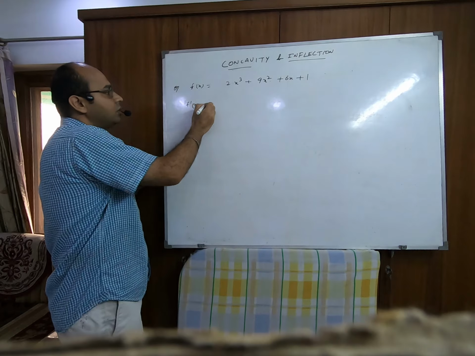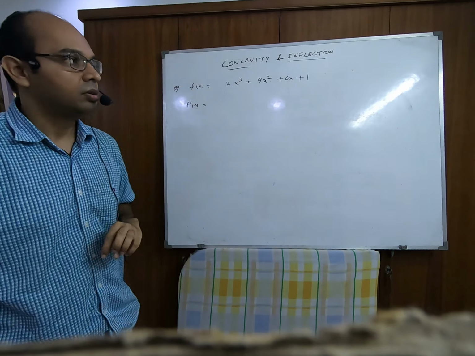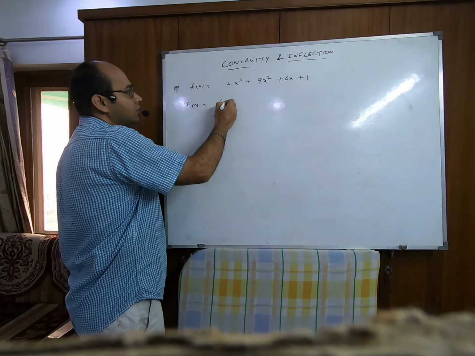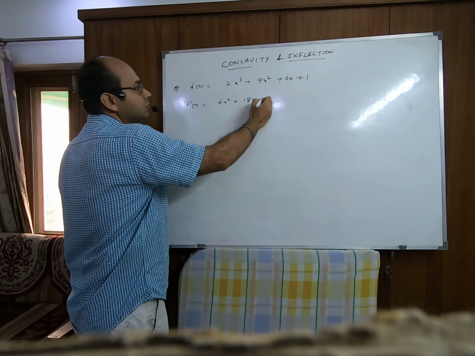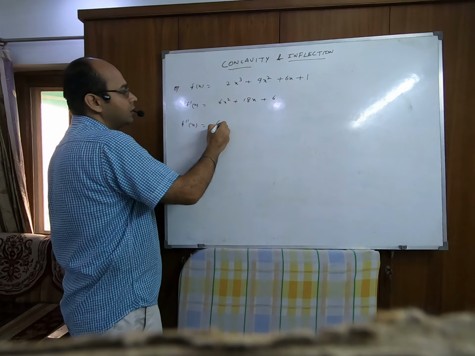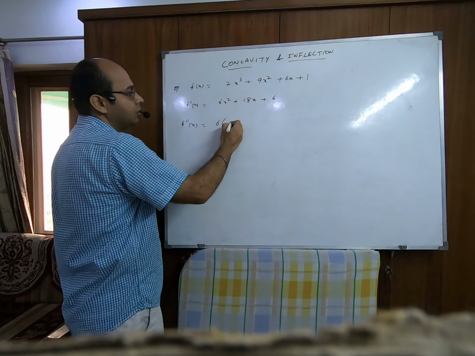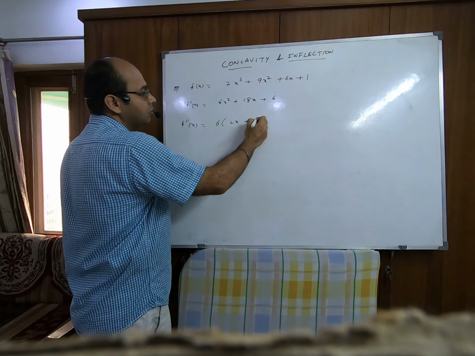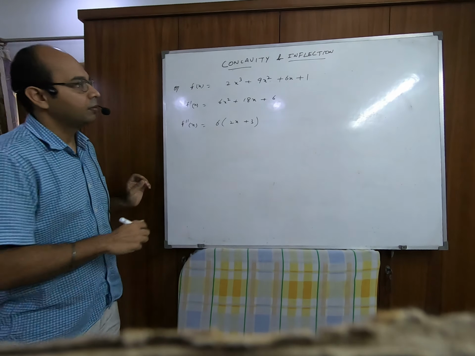Since it is a polynomial, it will be differentiable. Let us differentiate it. So this is 6x^2 + 18x + 6. Let us differentiate it one more time. 6 you can take common. This is 2x + 3.